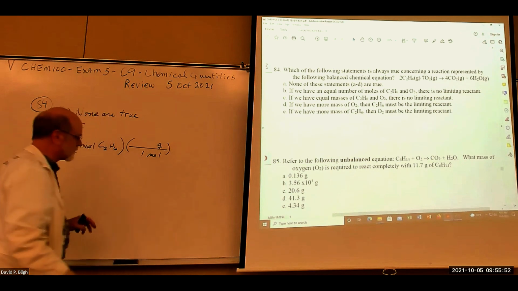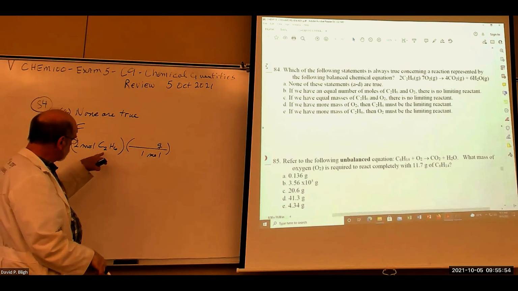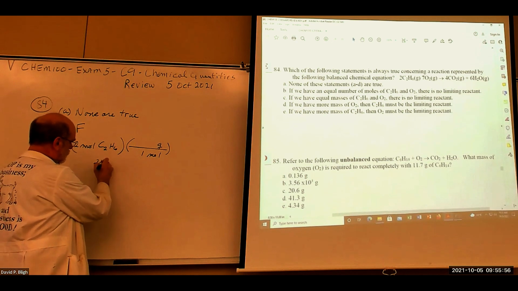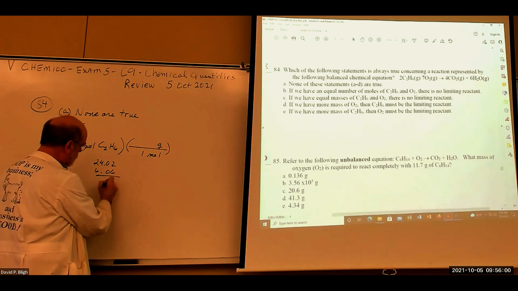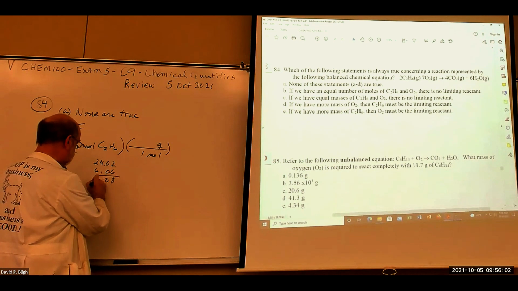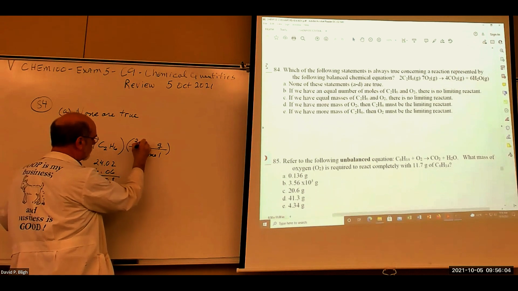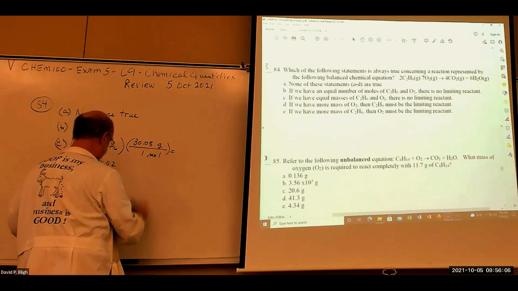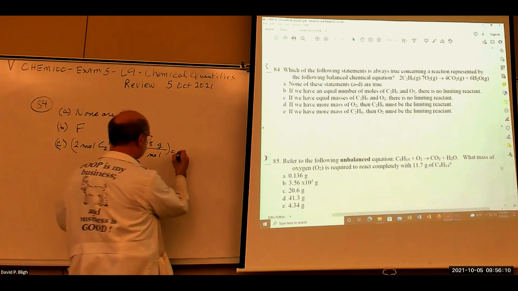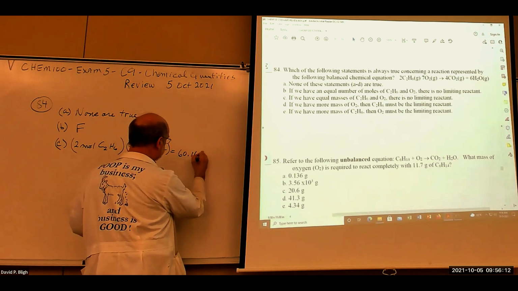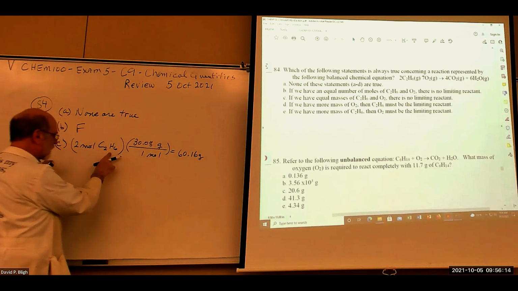We need the molar mass of C2H6. So this is 24.02 plus 6.06, which is 30.08. So that's 60.16 grams for 2 moles of this.